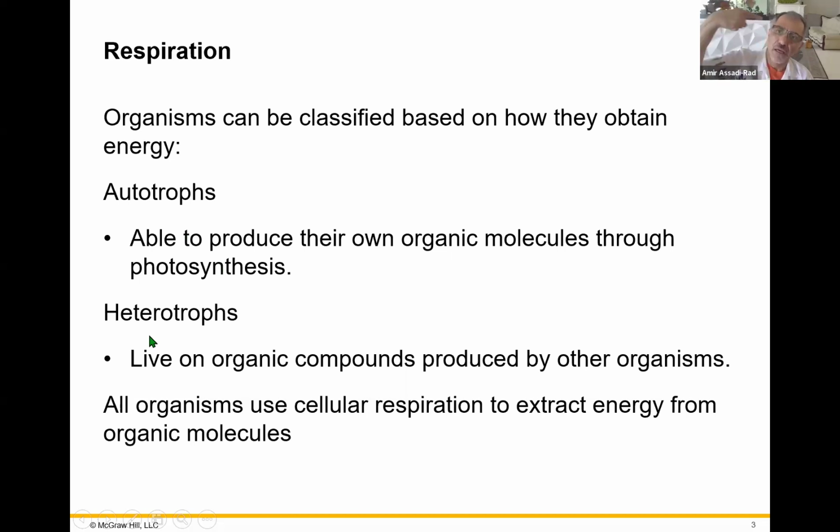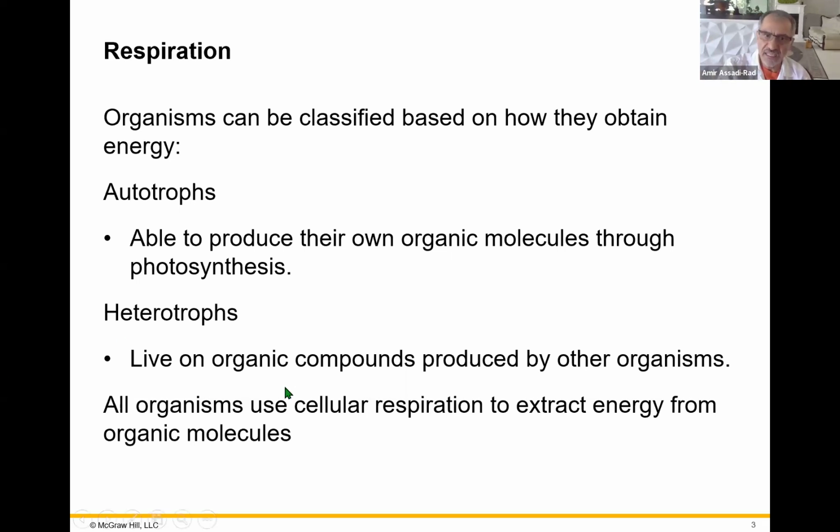Heterotrophs, on the other hand, talking about us. We cannot make our own food. No way. We need to eat it from outside, from plants. They live on organic compounds produced by other organisms. All organisms use cellular respiration to extract energy from organic molecules, even plants, even bacteria.